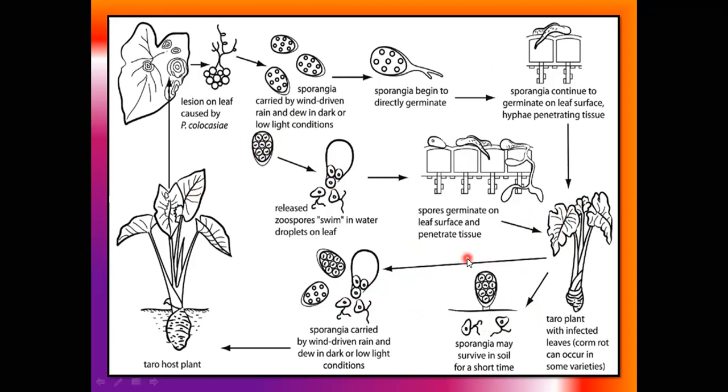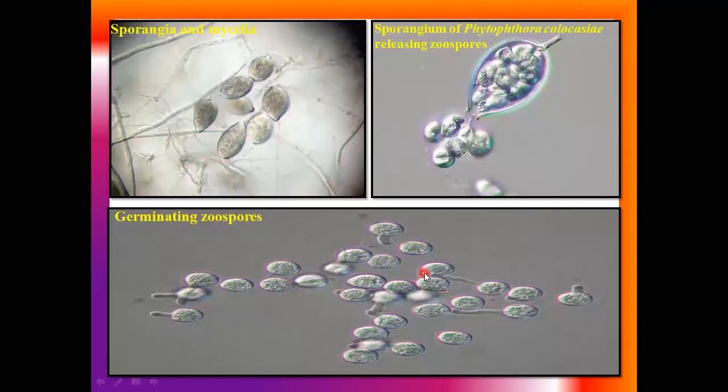So you have understood the disease cycle or life cycle of Phytophthora colocasiae. This is the actual sporangia with mycelia. This is the papillate form of the sporangia, generally produced at the tip of the sporangiophore. This sporangia is generally liberated or released through the sporangium and produces the zoospore.